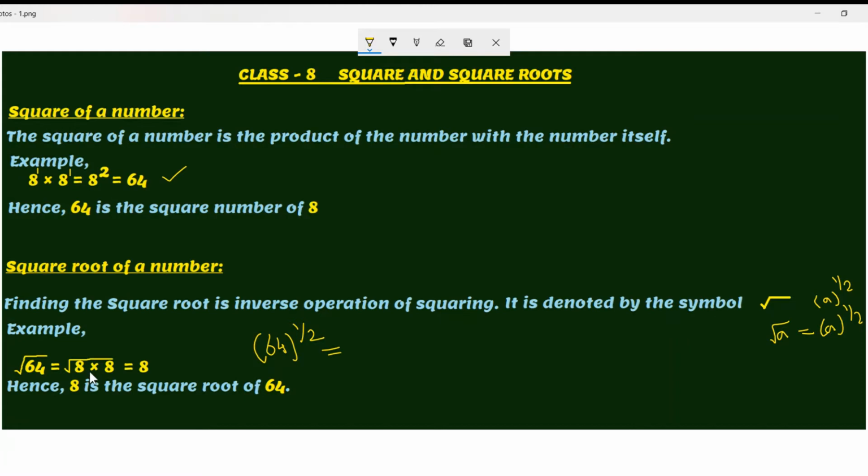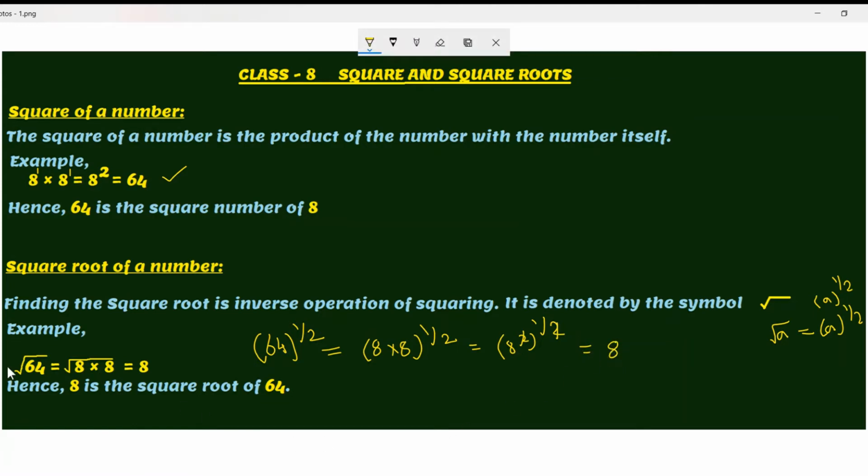We can write 64 as 8 into 8, 8 8s are 64, the whole power half. We know 8 into 8 we can write as 8 square, the whole power half. Now we can cancel these two 2's and then we will get 8.